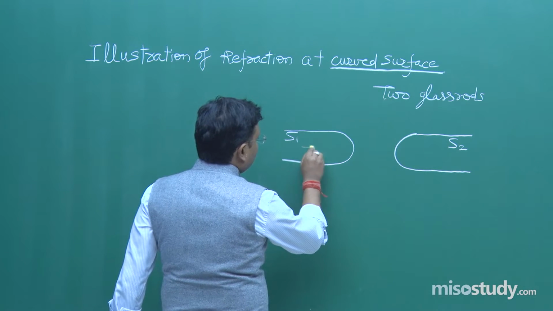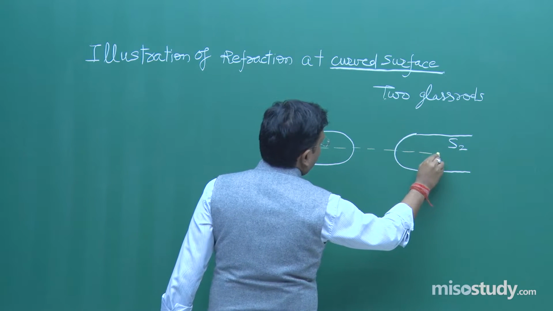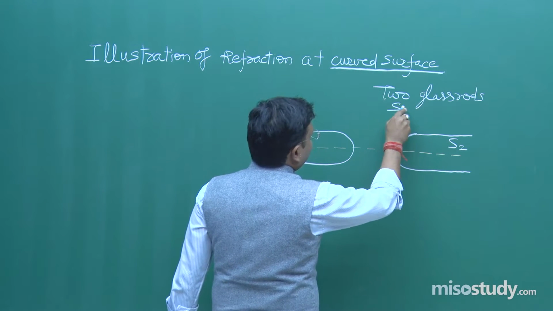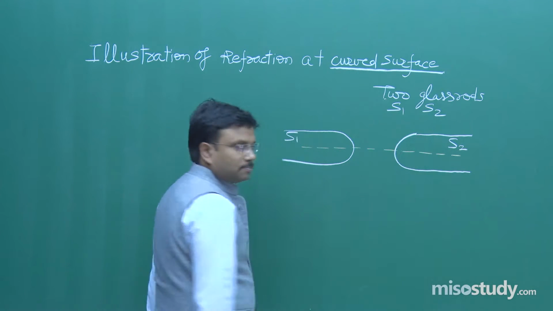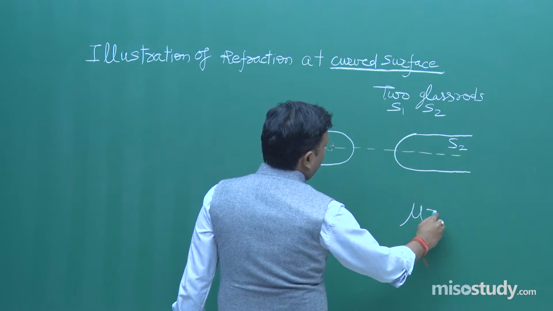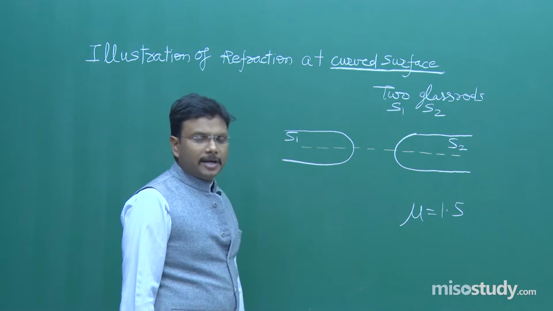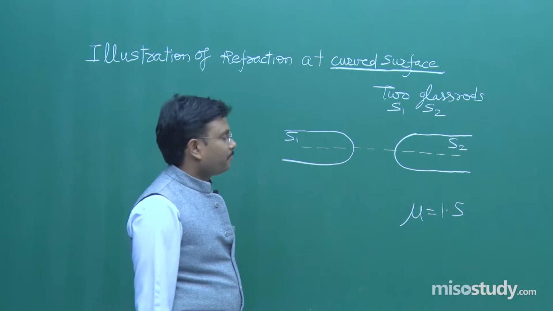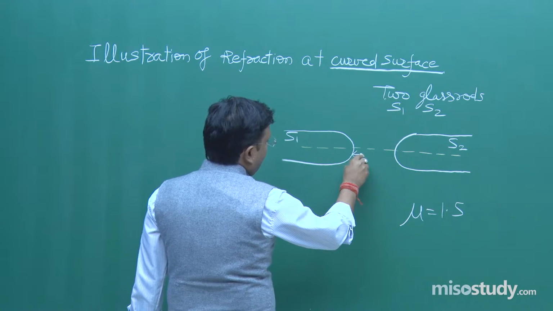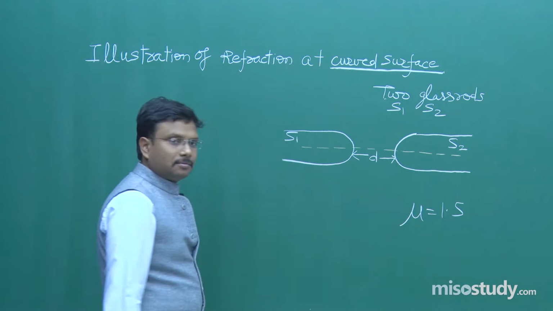Let us say this is the principal axis, with two glass rods S1, S2. Mu is equal to 1.5, the general value of refractive index for glass. Then let us say they are separated by a distance d.